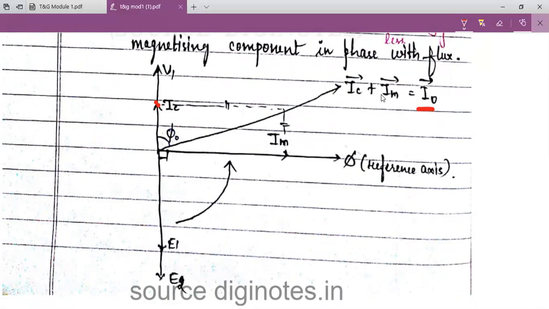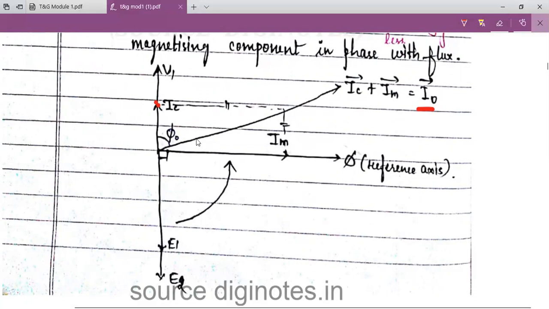I'll tell you once again, just observe clearly. First step is reference: phi is the reference. Second step is IM is in phase with phi because IM is responsible to produce flux. Third step is IM lags V1 at an angle of 90 degrees. Fourth step is IC is in phase with V1. And fifth step is by adding IM and IC I can get I naught.